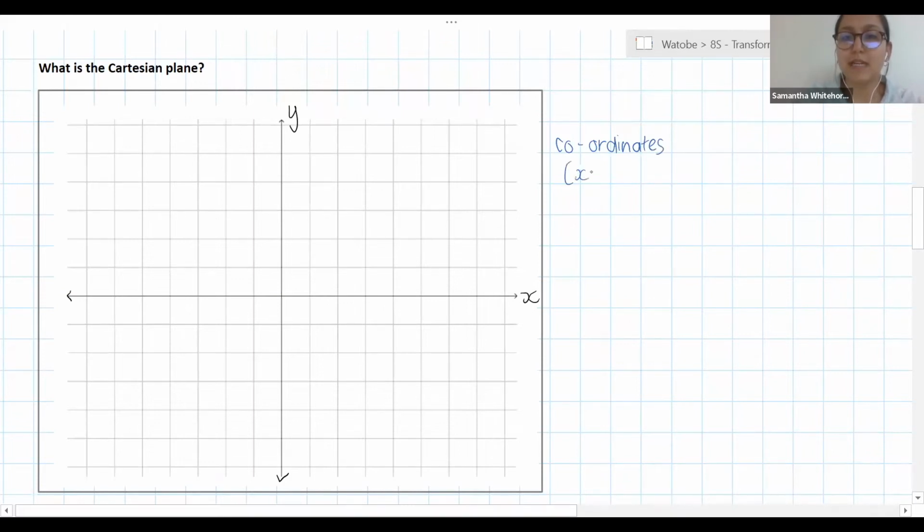Coordinates are basically a set of x and y values that are paired, so they must go together, that we can then read off of our Cartesian plane. Now this makes sense. I've got an x-axis and I've got a y-axis. So what a coordinate does, it allows me to pinpoint a very specific spot on my Cartesian plane that I am now going to look at, refer to, or work with.